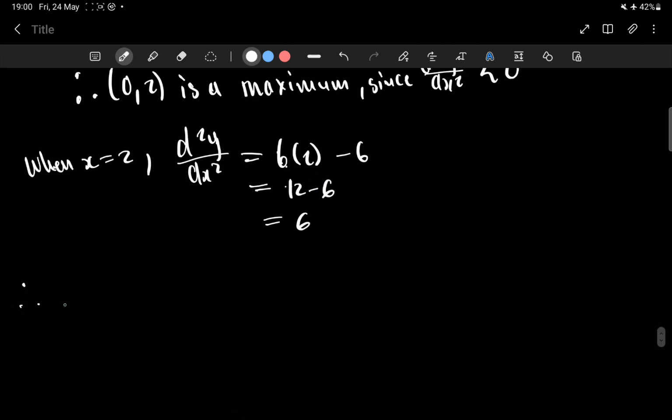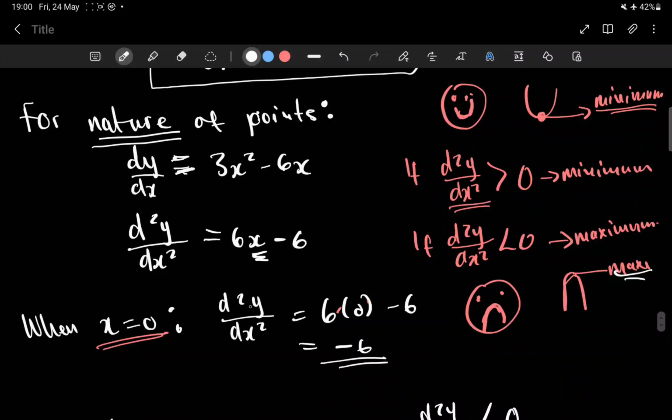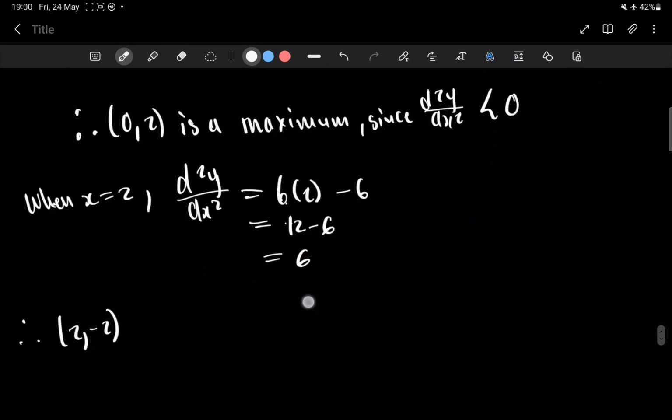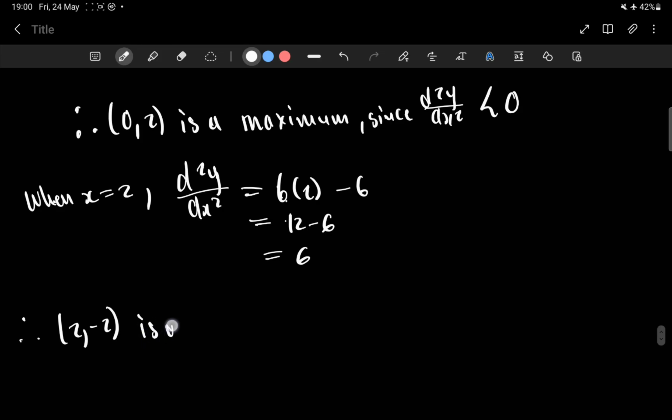So therefore, 2 comma negative 2, remember that's the point, x was 2 and y was negative 2, is a minimum turning point or stationary point.